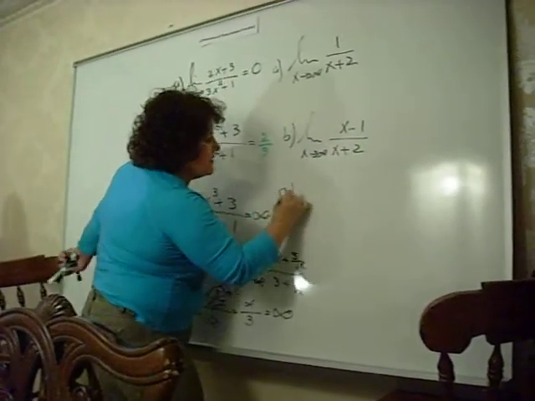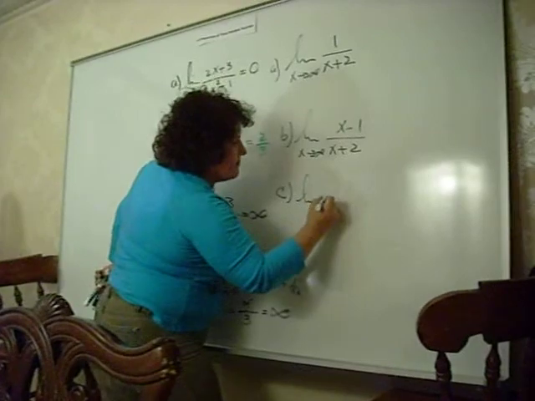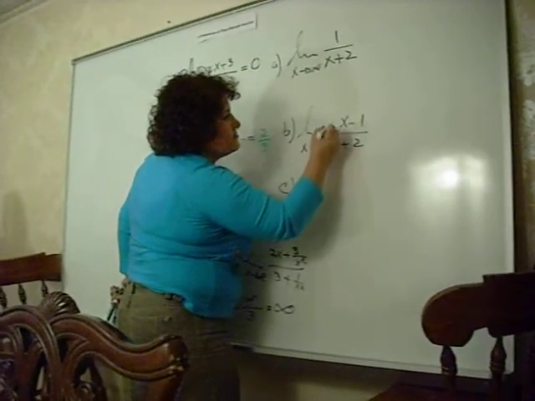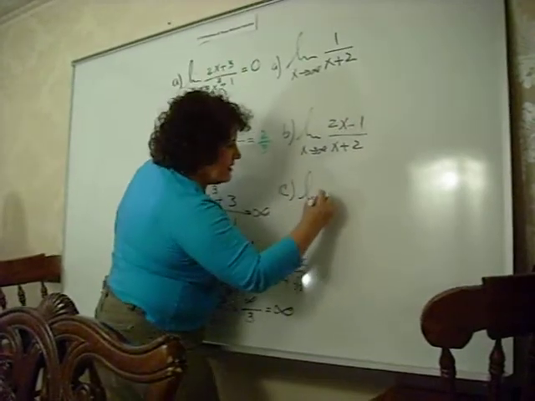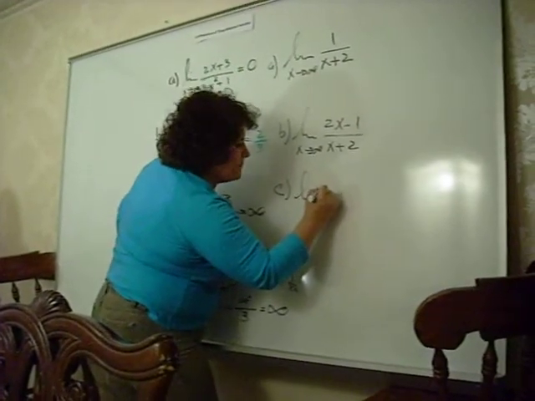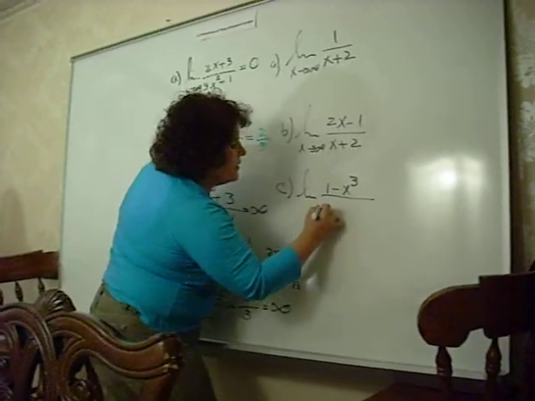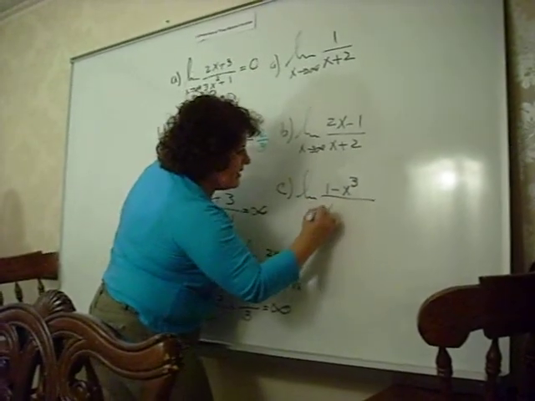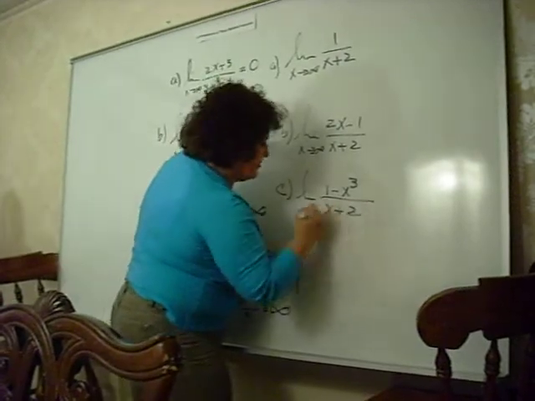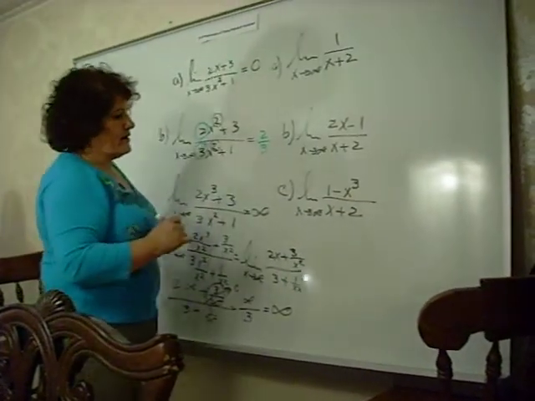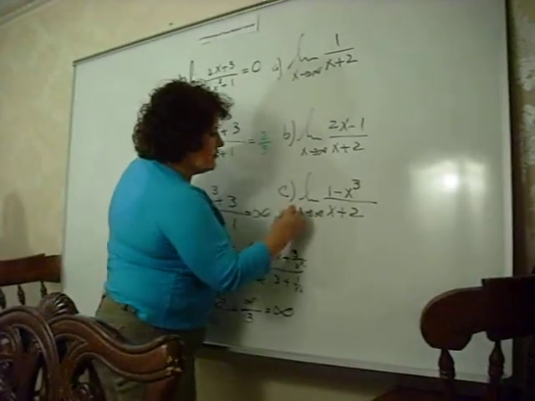And C: let's give a coefficient for fun, let's put 2 in here, the limit of 2 times (1 minus x cubed) divided by x plus 2 when x approaches infinity. Stop and try to do it by yourself.